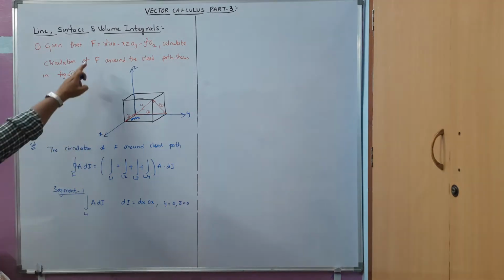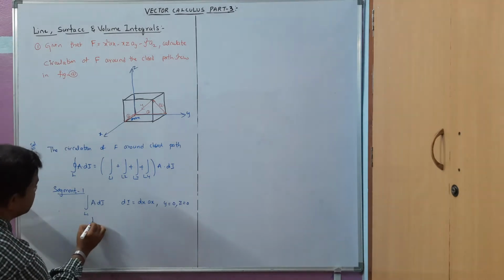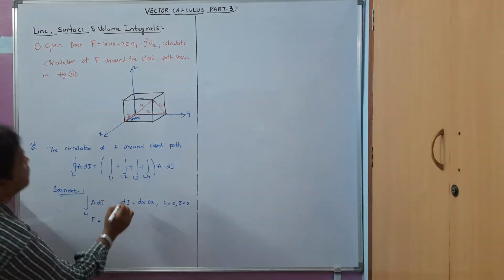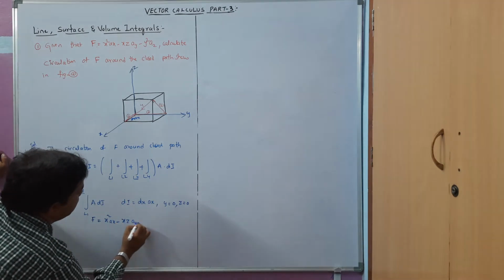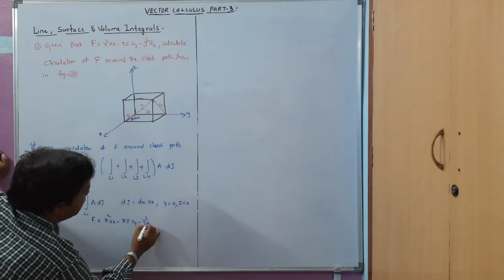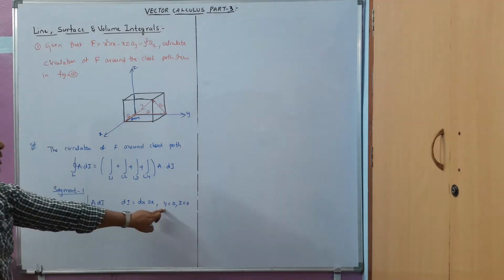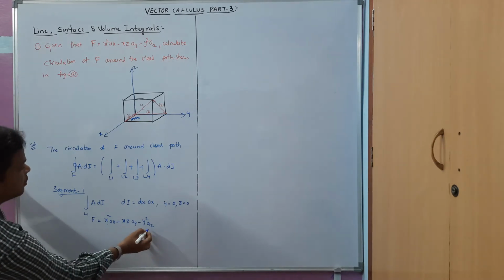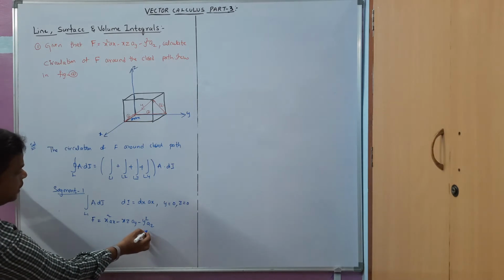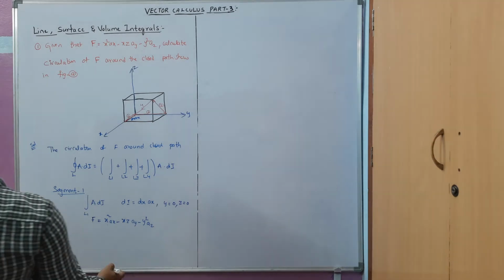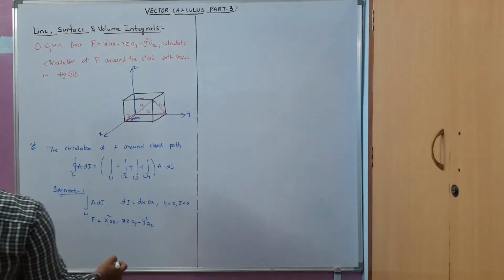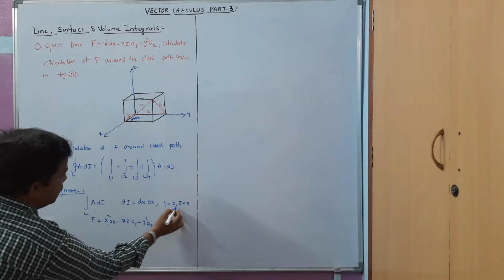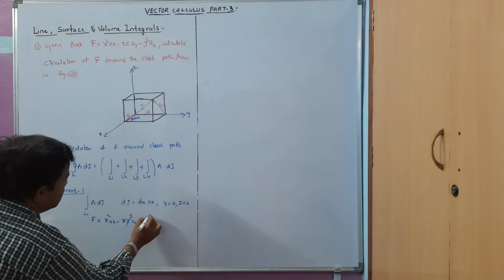Now we will take F here. F is given as x square ax minus xz ay minus y square az. So we have to substitute y equal to 0 and z equal to 0, so the ay and az terms will be 0.